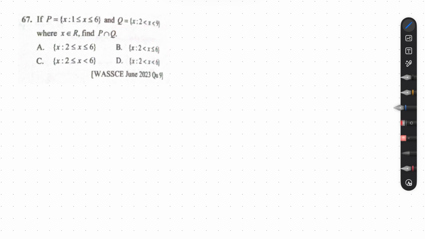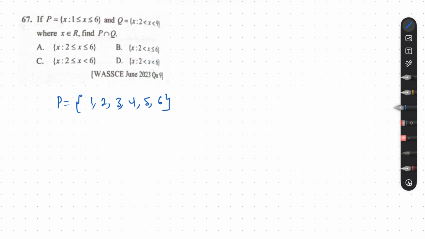Let's go. What is P? P is the set of numbers from 1 to 6 inclusive. 1 is inclusive and 6 is inclusive because of the sign. So let's write it: 1, 2, 3, 4, 5, 6.